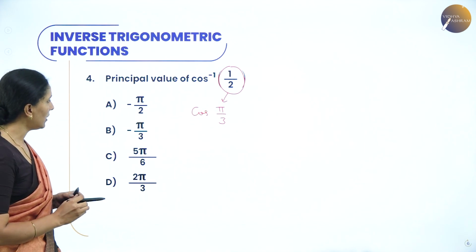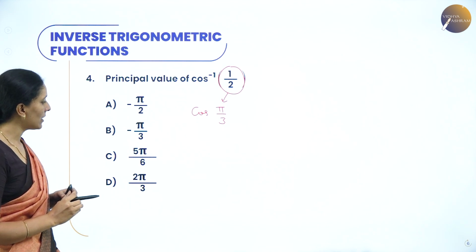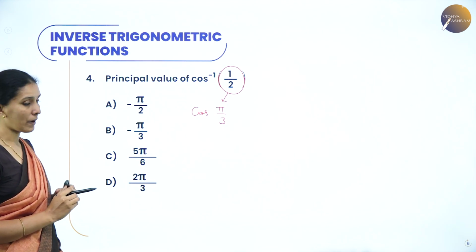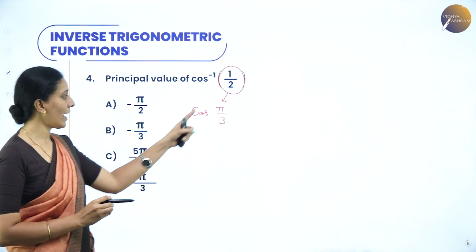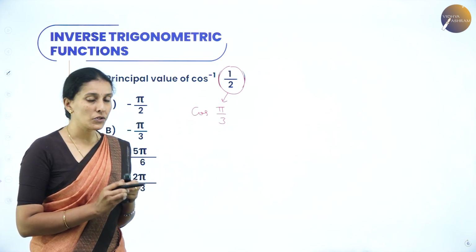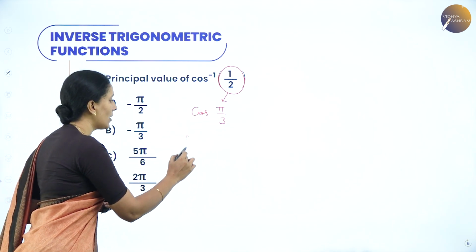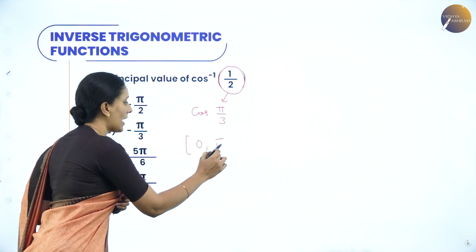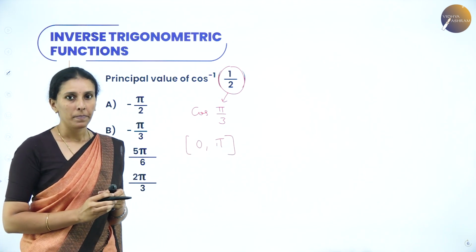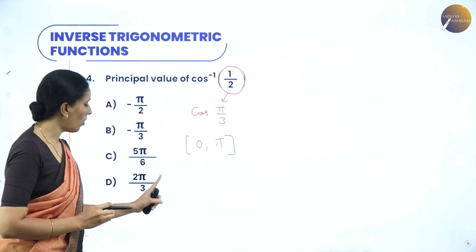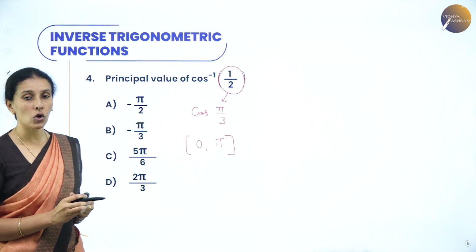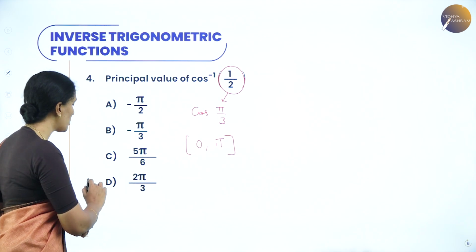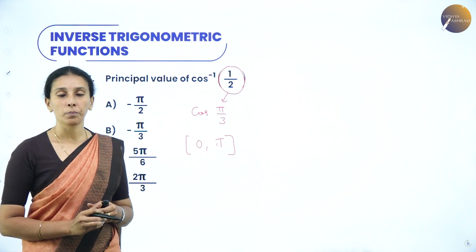Look at the options here: minus pi by 2, minus pi by 3, 5 pi by 6, 2 pi by 3. Nowhere in the options do we have pi by 3. But we can also see the principal value branch of cos function lies between 0 to pi. Therefore, it can also be 2 pi by 3, that is cos 120 degree.